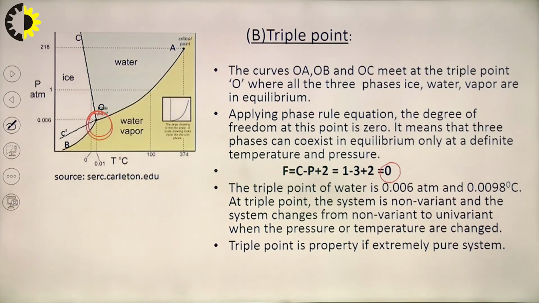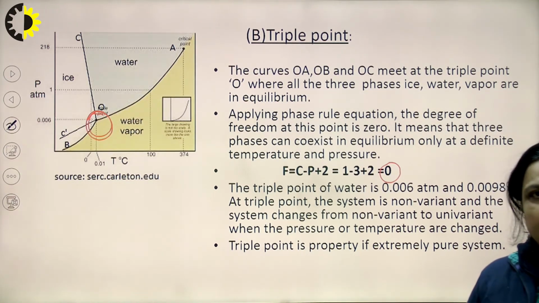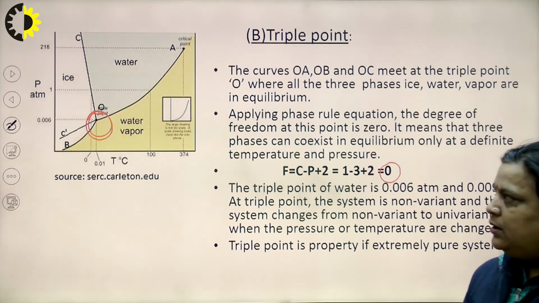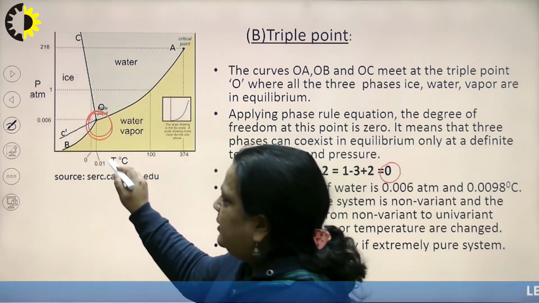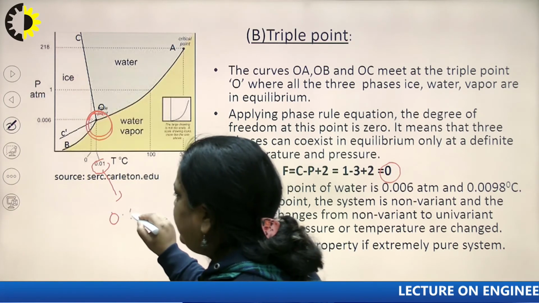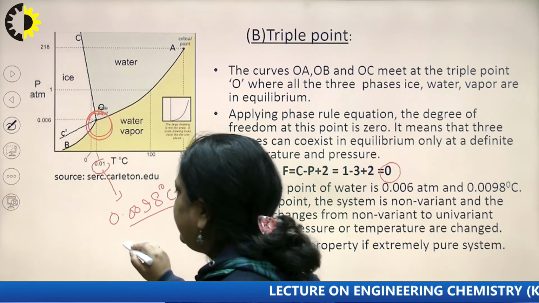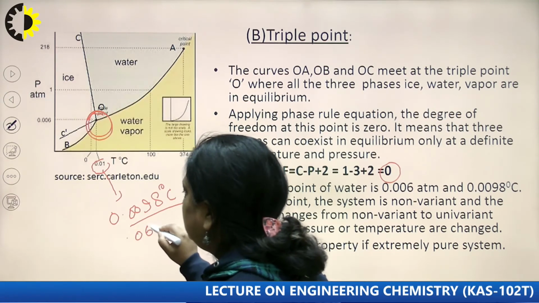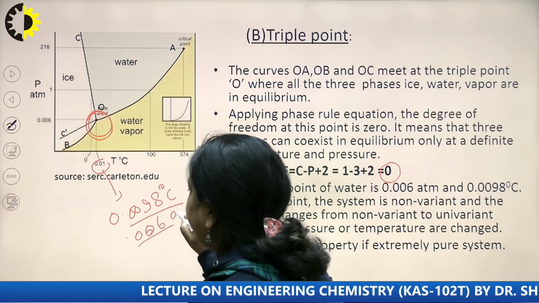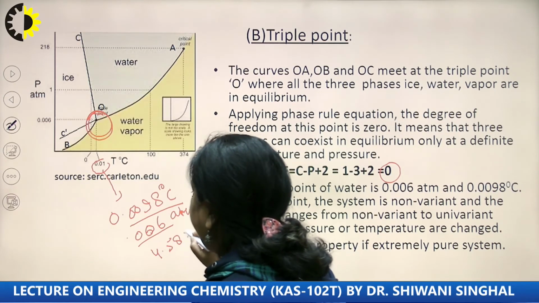So, here we see that the three phases can coexist in equilibrium only at a fixed temperature and fixed pressure. If we want the exact reading, the temperature is 0.0098 degree centigrade and the pressure is 0.006 atmospheric pressure or 4.58 mm Hg.